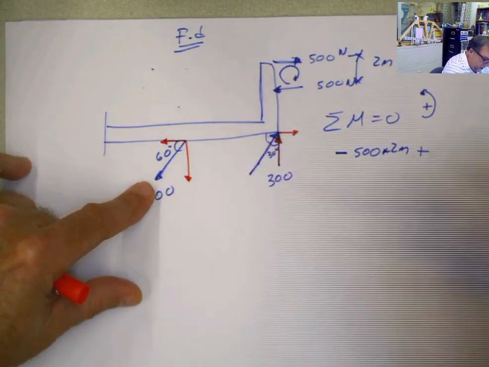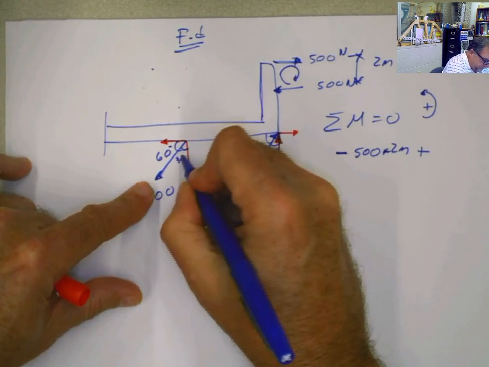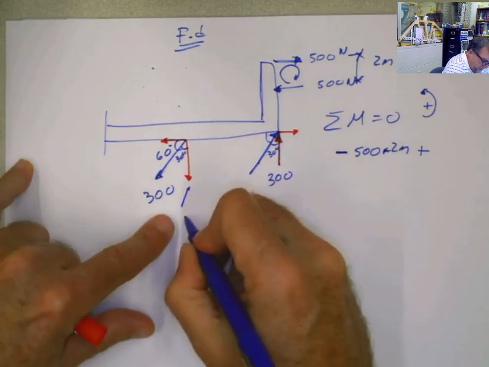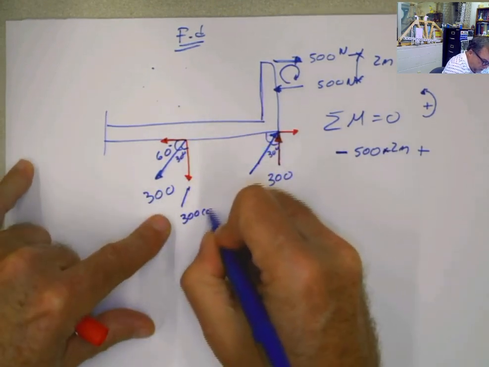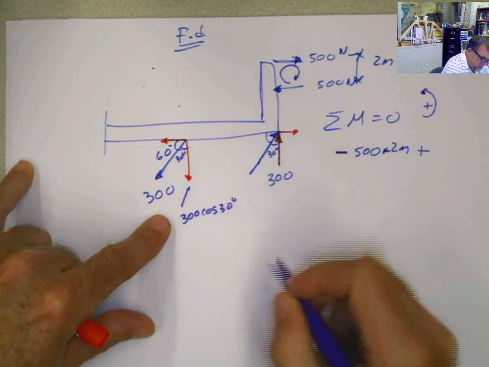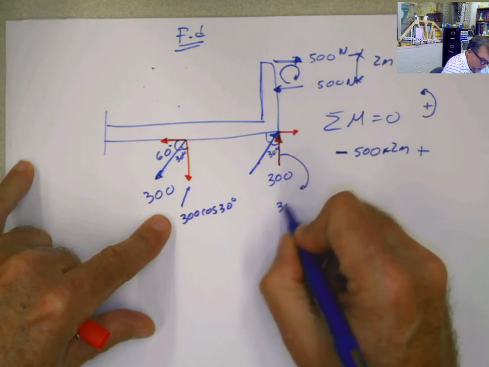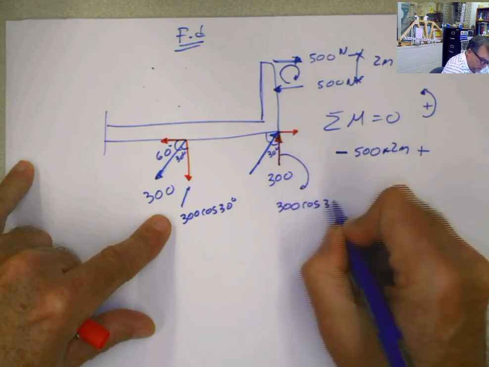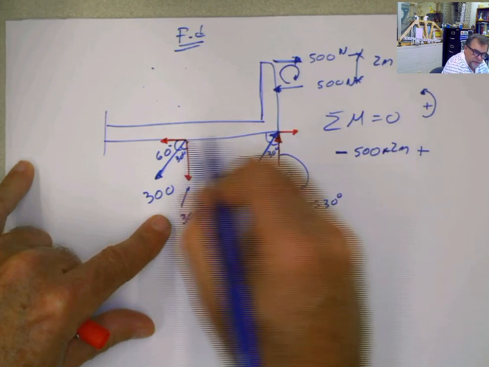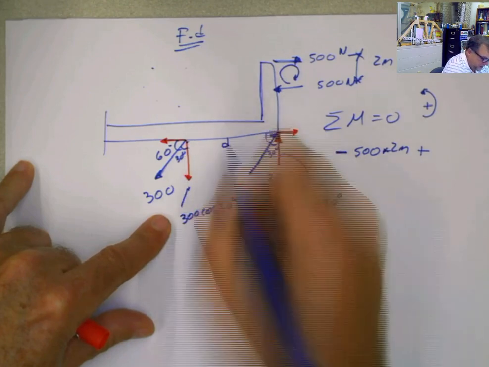This angle here is 30, and this value here is going to be 300 cosine 30 degrees, which is the same value here also, 300 cosine 30 degrees. And the distance from here to here is provided as d.